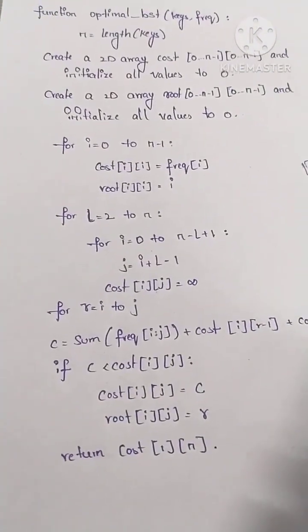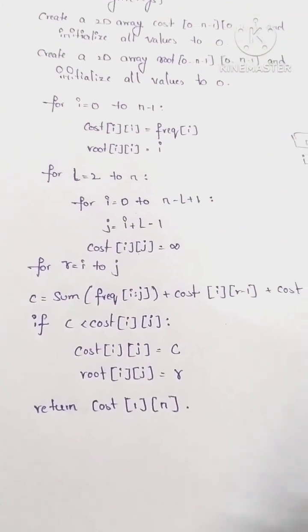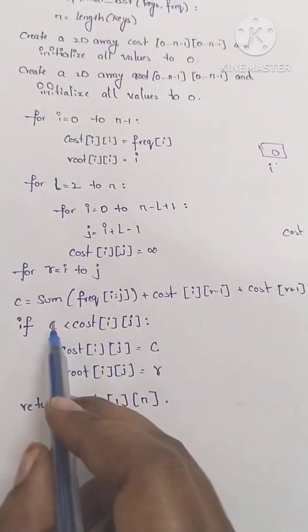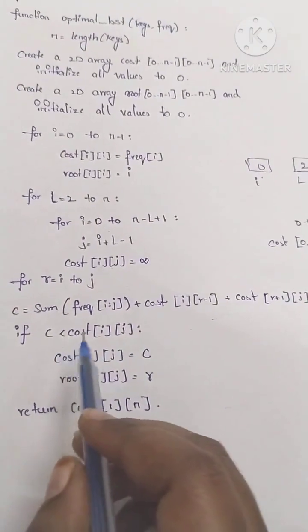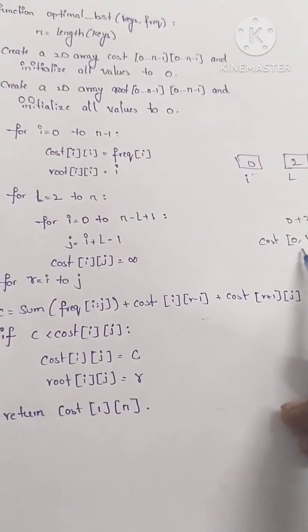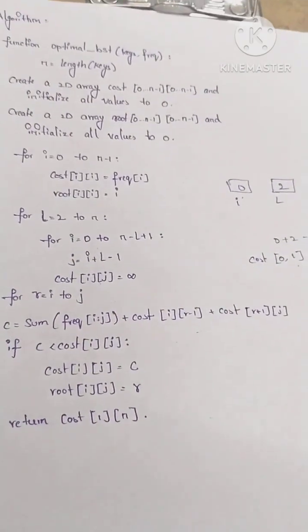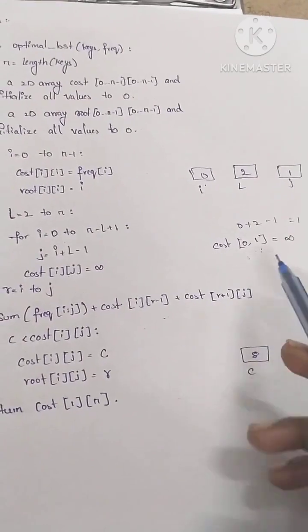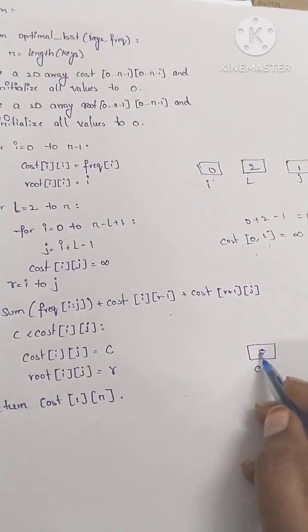For r equal to I to j, we are going to run a loop, and using this formula we are going to find out the cost of the given I comma j. For the values 0 comma 1 we get the cost as 8.